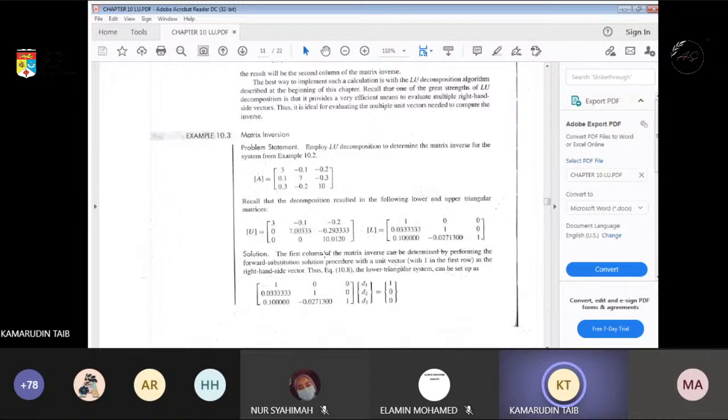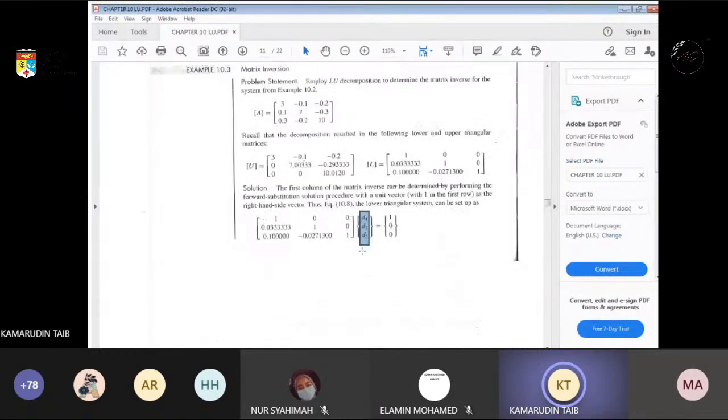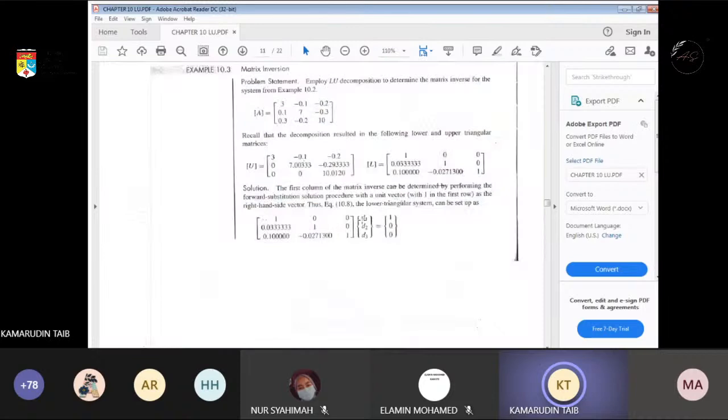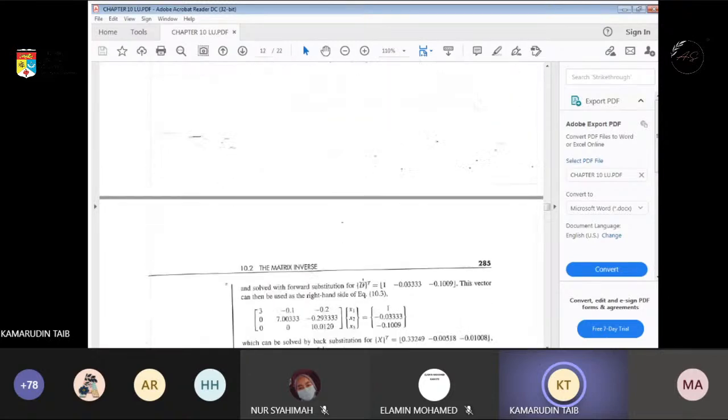So set it equivalent to 1, 0, 0, and then we use forward substitution. Forward means we start from the top, go to the bottom. So we use forward substitution to get D1, D2, D3. So this is the answer.